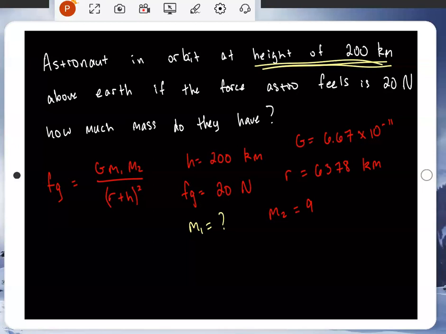Okay, so what is the next thing that you do to finish this off? Then since you're finding mass 1, you have to isolate M1. Okay, how do I do that?